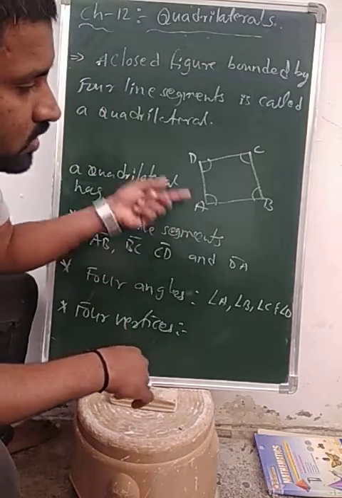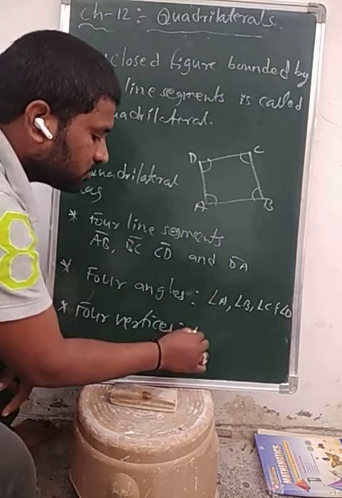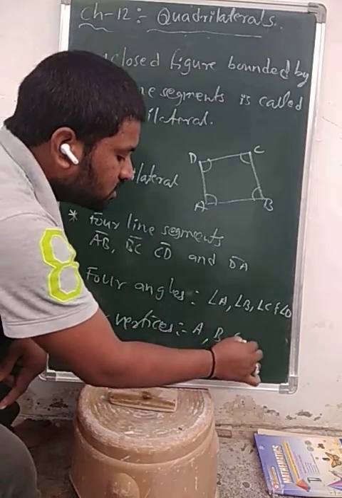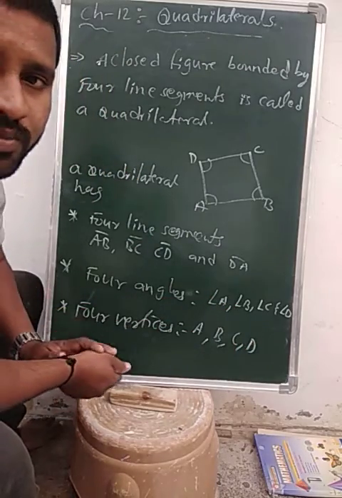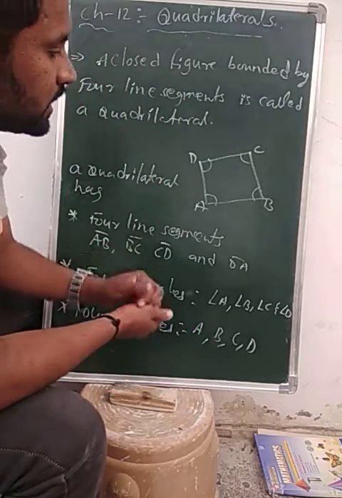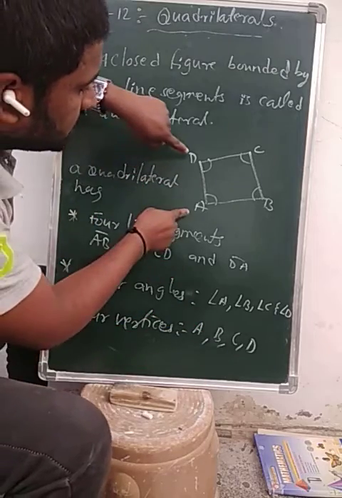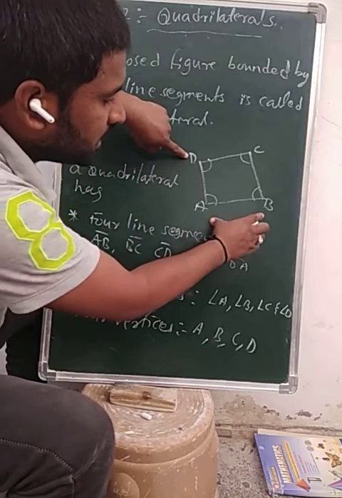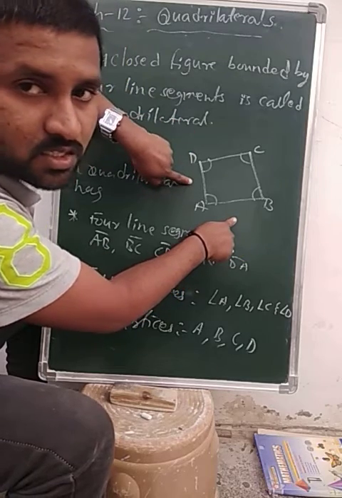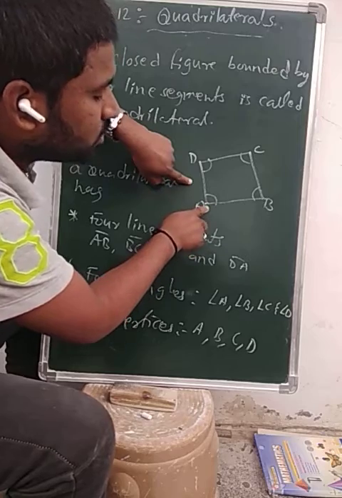What are the vertices of this quadrilateral? A, B, C, D. So in the same manner, you try to observe here the adjacent sides. Now observe the side DA and the side AB. These two are adjacent sides because the two sides have a common point, what?